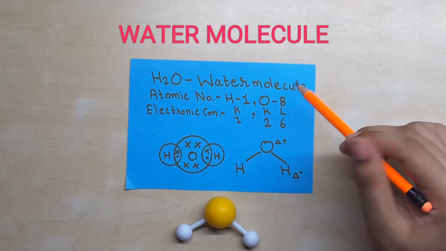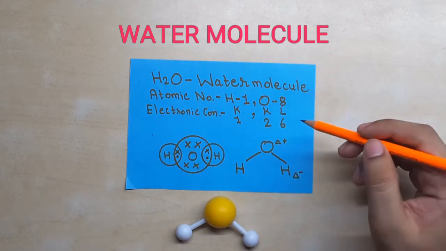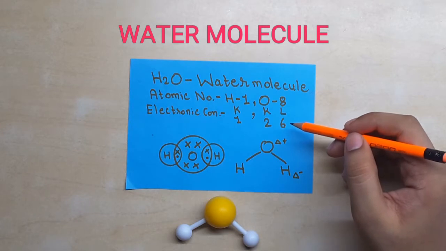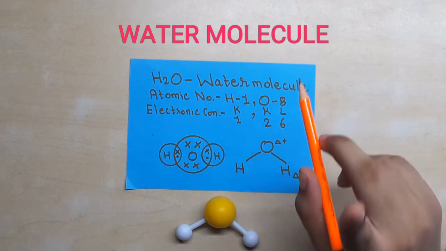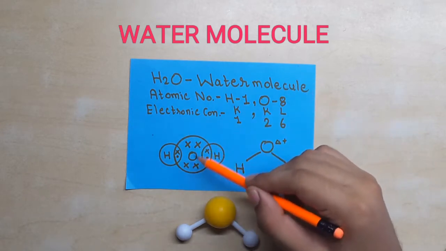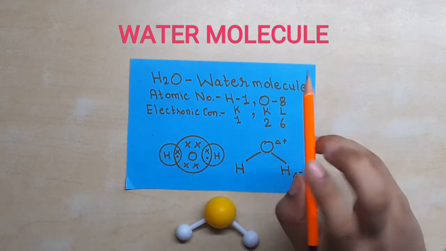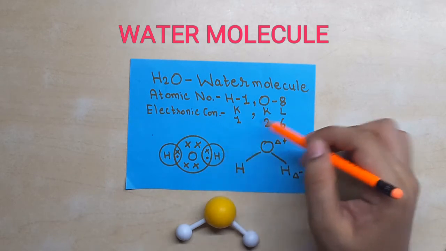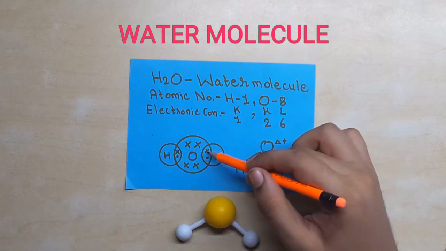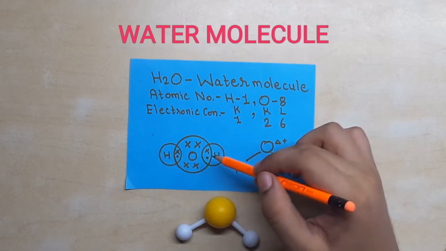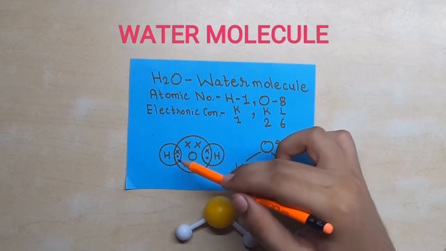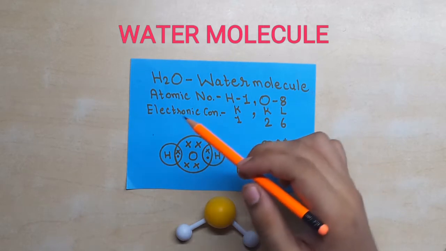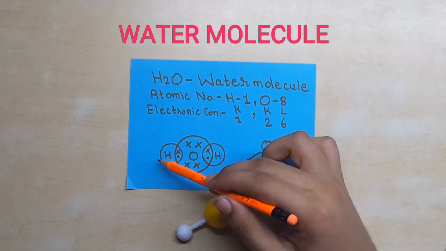Thus it requires 2 more electrons to gain the nearest noble gas configuration. Thus, one atom of oxygen combines with 2 atoms of hydrogen. Oxygen shares 1 electron with each of the hydrogen atoms. So one electron is shared with this hydrogen and the other is shared with this hydrogen.